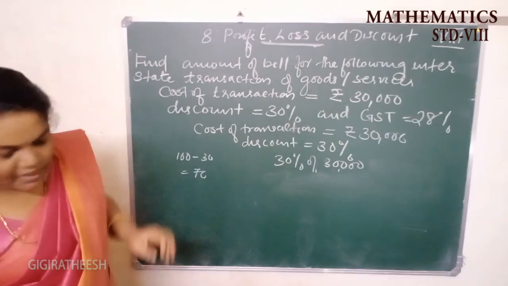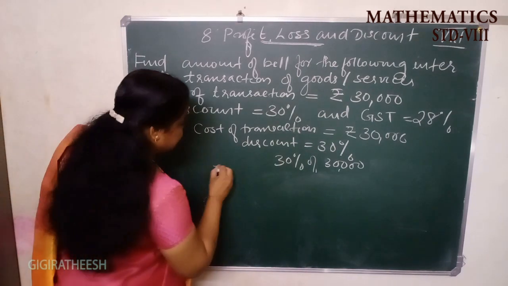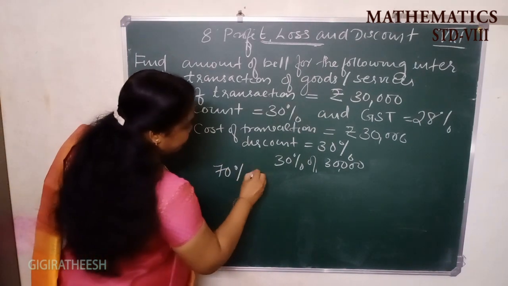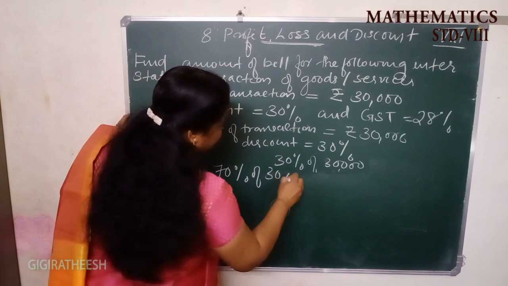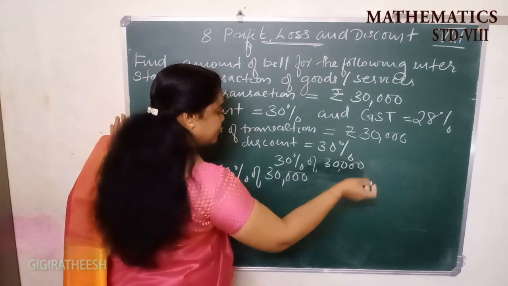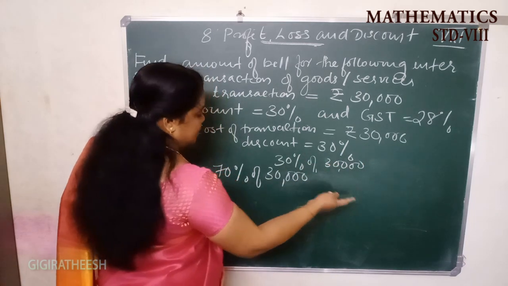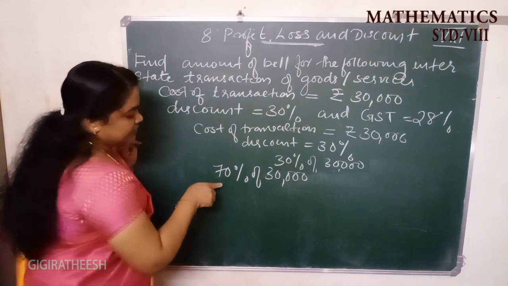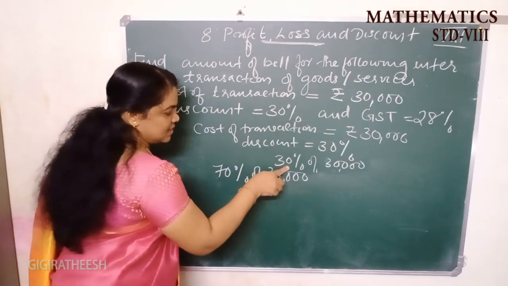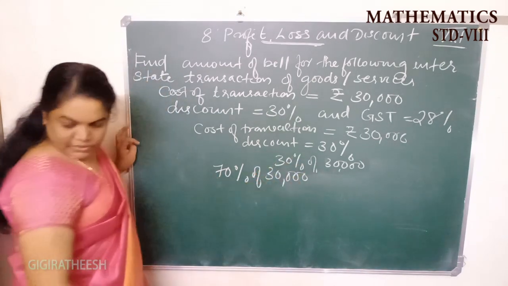So the second method is finding 70% of 30,000. These are the two ways: first subtract 30% from 30,000, or second find the 70% balance.